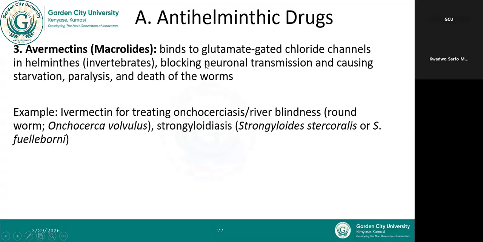So sending of signals to help the worms to respond to stimuli. So if they are starving and they need to feed, once these ivermectins bind to these channels, they make them unresponsive to these conditions, and then they end up dying. And this is what they use for onchocerciasis, strongyloidiasis infections.